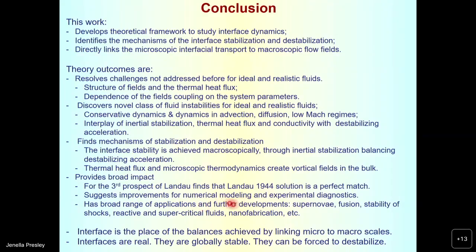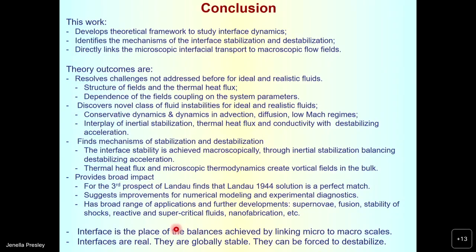In fact, this resolves the third prospect of Landau, because we find that our solution is a perfect mathematical match to Landau's. And we might have a lot of other applications in a broad range of processes, including supernova, fusion, etc. So the interface is a place where balances are achieved. Interfaces are real, even if they may not be visible.